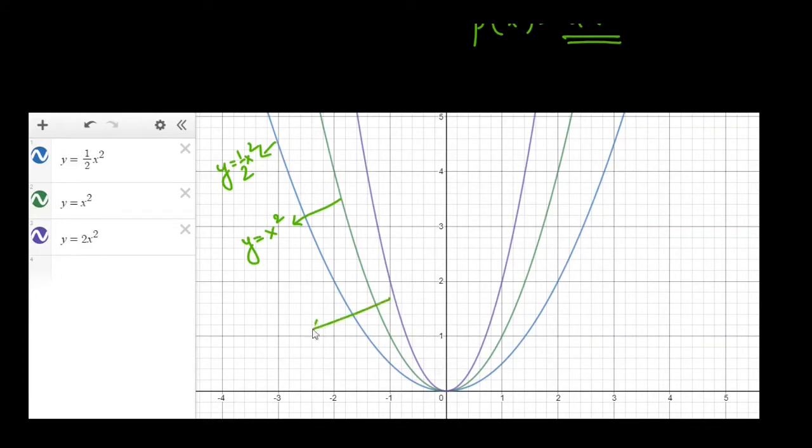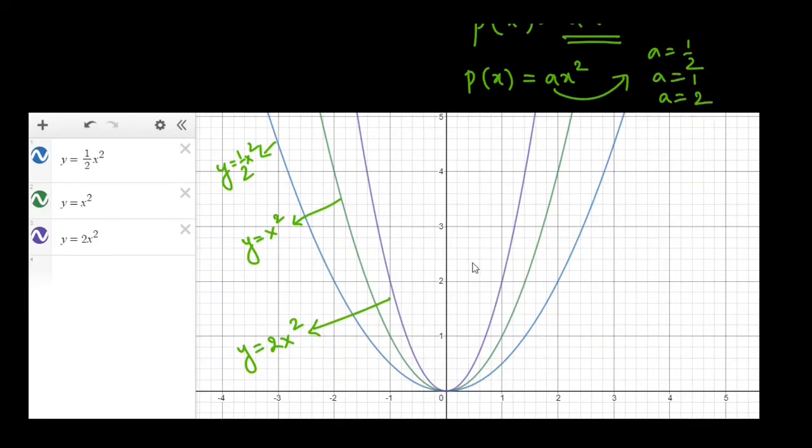The violet curve is y is equal to 2x square. Now what do we observe? Here we have p of x is equal to ax square. The values of a are varying here: a is 1 by 2, a is equal to 1, a is equal to 2.